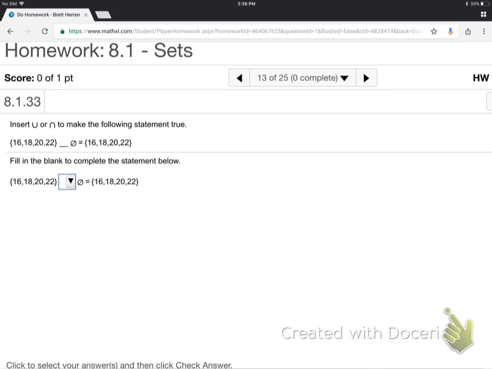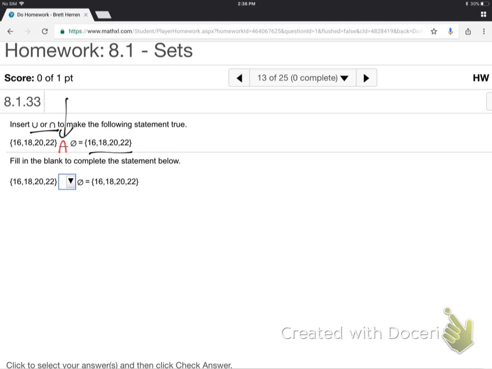Okay, so there they give me the set 16, 18, 20, 22, and they want me to put some symbol in there, either unite or overlap, with the empty set, with nothing, to equal this. So what do you need to put in the middle there?